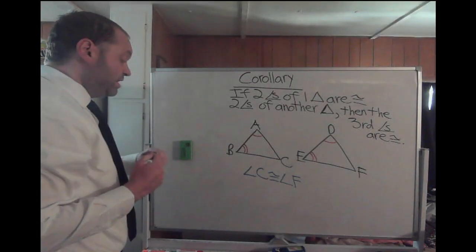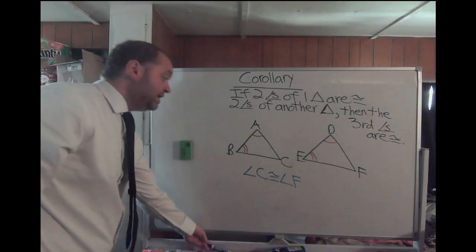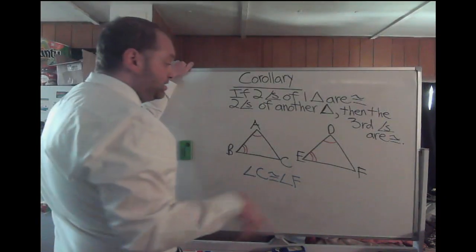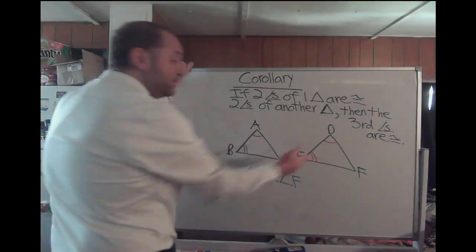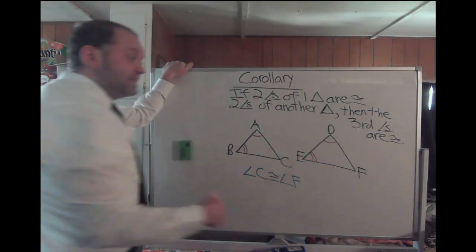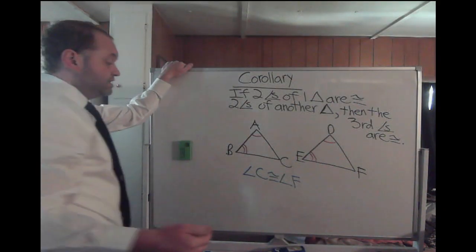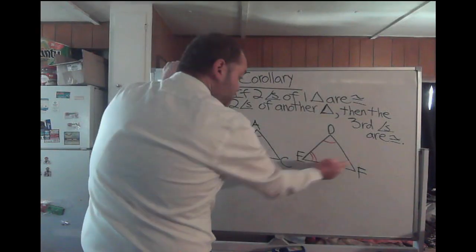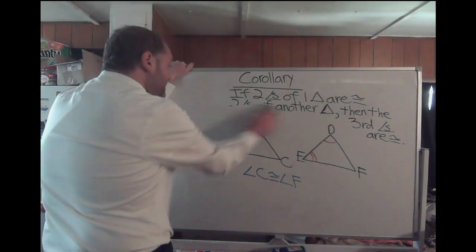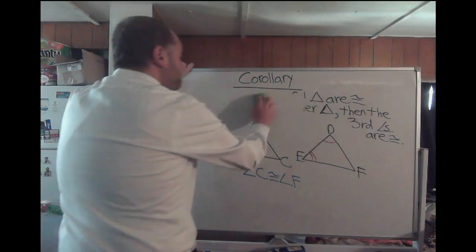And that makes sense because, again, the sum of the interior angles is 180. The first two angles in both have the exact same measurements, so that could only leave one measurement for the third angles, and they would have to be congruent. So that absolutely makes sense.